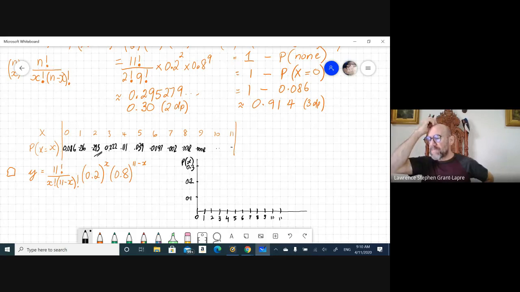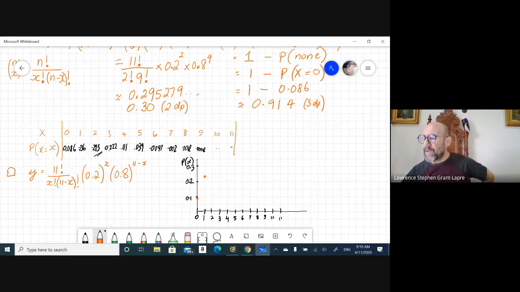Now the probability of 0 was almost 0.1, 0.086. Probability of 1 is 0.236, almost 0.24.